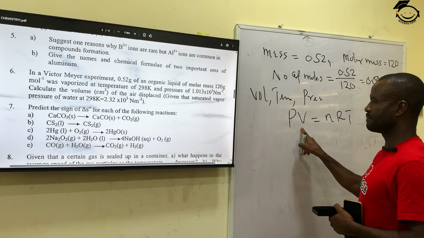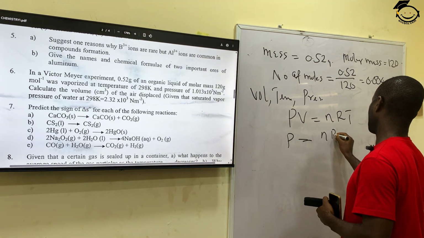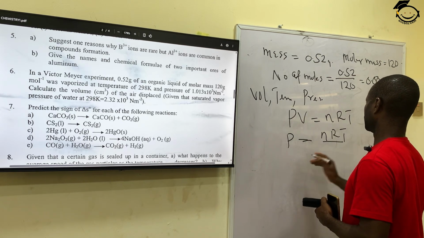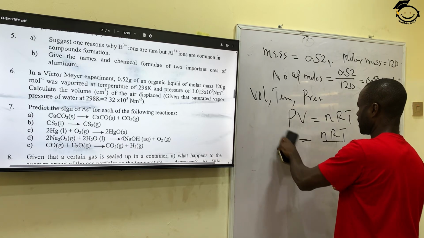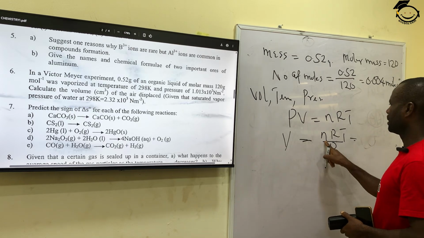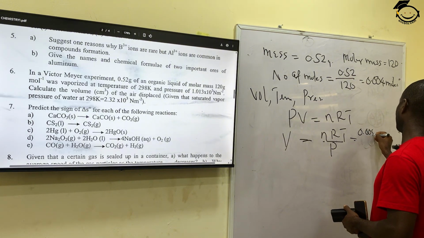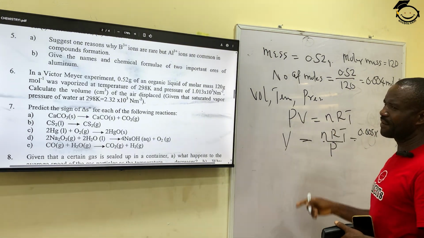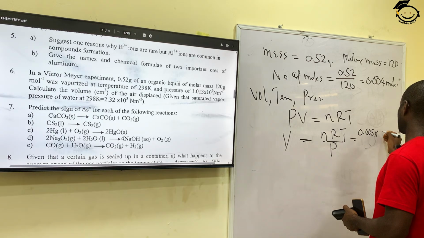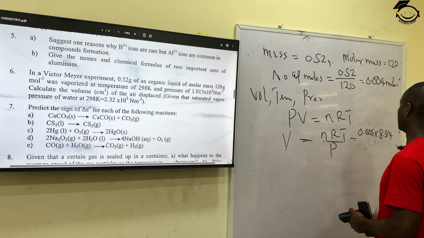So making V the subject of the formula, we have V equals nRT over P. Now, n is the number of moles, which is 0.004, times R. R is called the ideal gas constant, and it has a value, as you've been given above, to be 8.314.